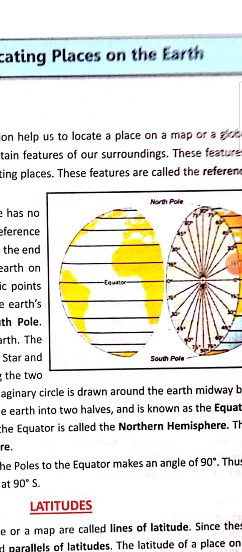These endpoints of the earth's axis are called North Pole and South Pole. You see in this picture North Pole and South Pole. These are fixed points on the earth. The North Pole lies exactly below the pole star and opposite to it is the South Pole.